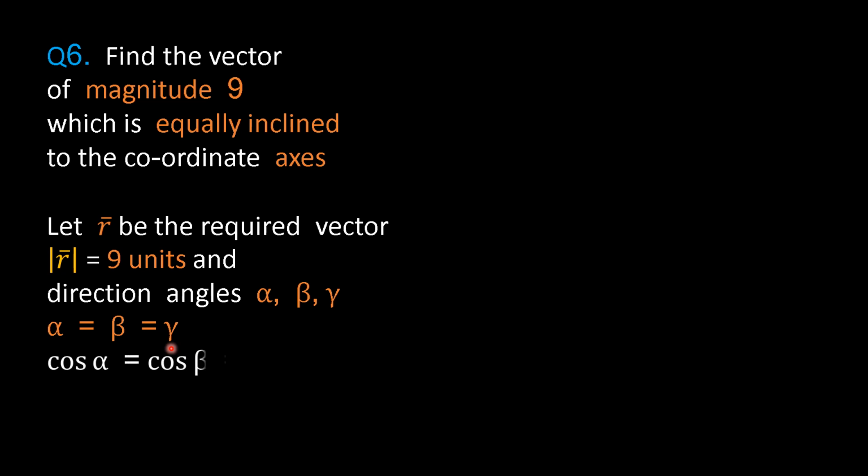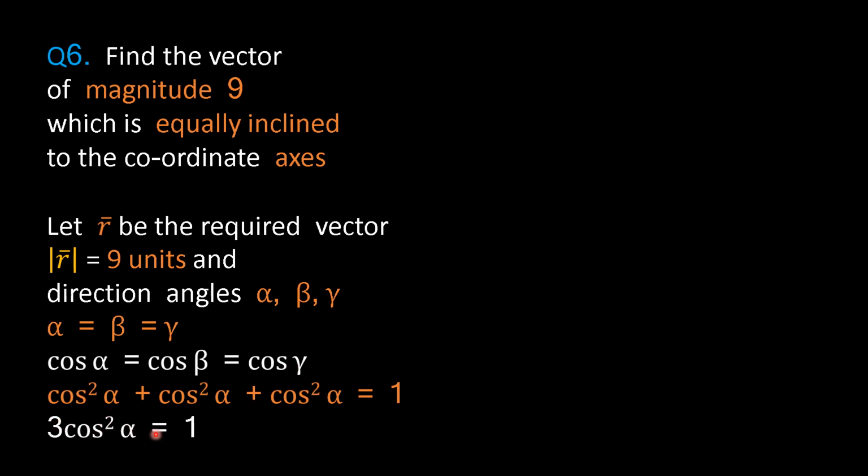So cos alpha equals cos beta equals cos gamma, and we write cos square alpha plus cos square alpha plus cos square alpha equals 1, because cos alpha is same as cos beta is same as cos gamma. So this gives us 3 cos square alpha equals 1, that is cos square alpha equals 1/3, and cos alpha is plus minus 1 by root 3.